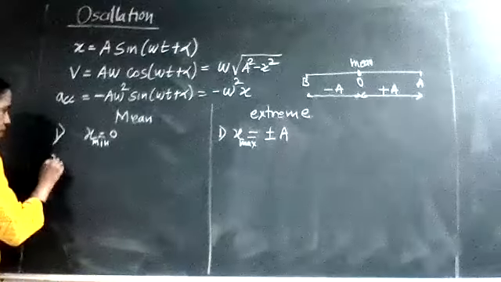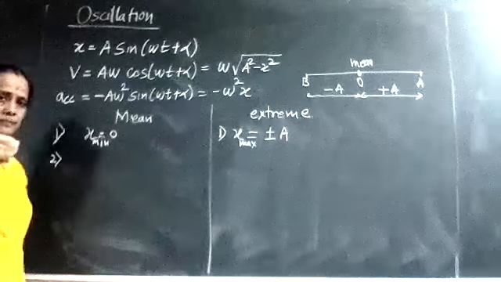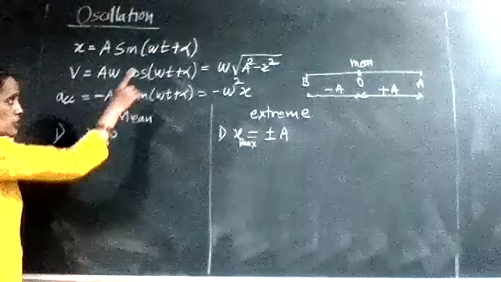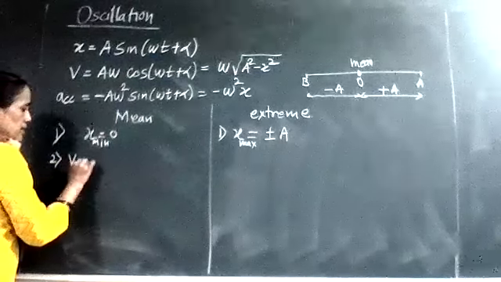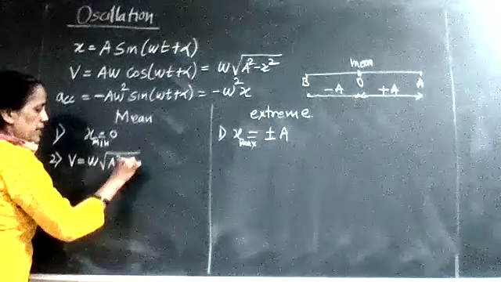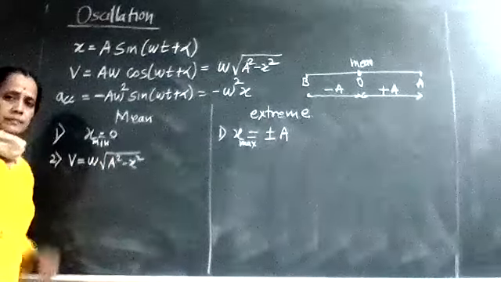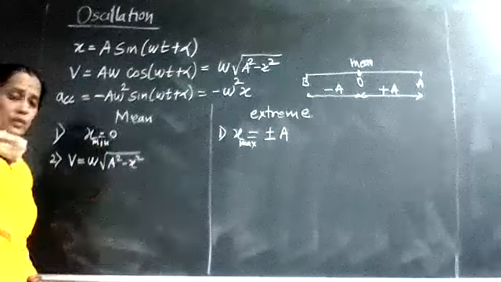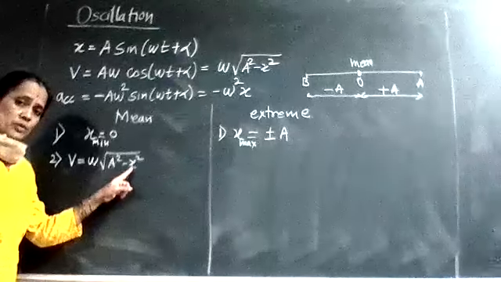Okay, now I can write for velocity. Velocity at mean position. What is the velocity equation? v is equal to omega under root of a square minus x square. At mean position, what do you think? Your displacement is 0, means x is equal to 0.